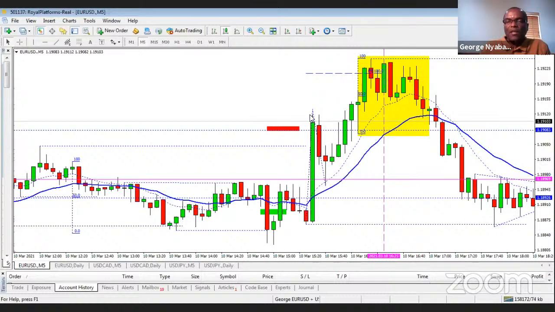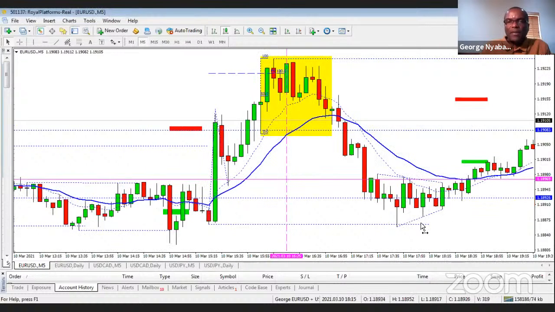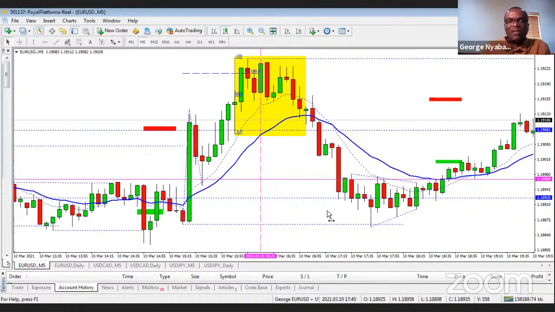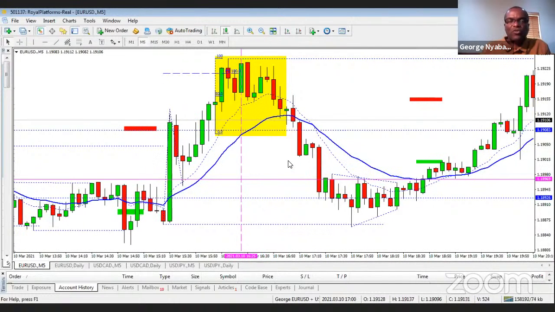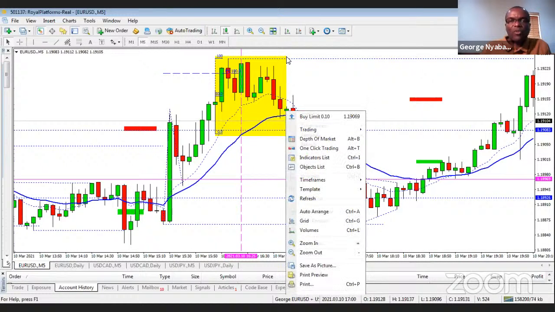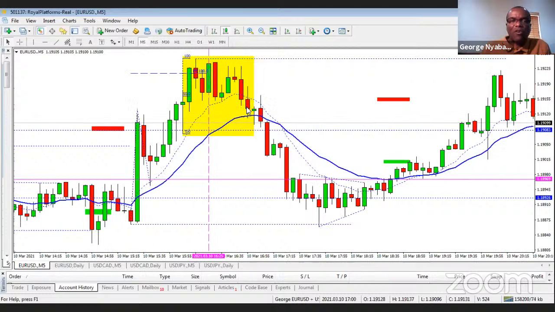Okay, so that was the third trade on the euro. Then there was nothing else that set up that I was prepared to trade. This yellow thing, which I can take out, is just to show you the importance of the open.